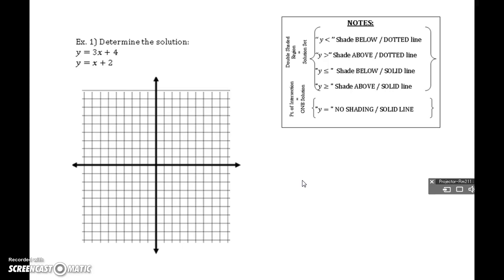Because of that, I know my answer is only going to be 1 point, and it's going to be the point where these two equations cross. So all I'm going to do is graph these two lines on the same graph and see where they connect.